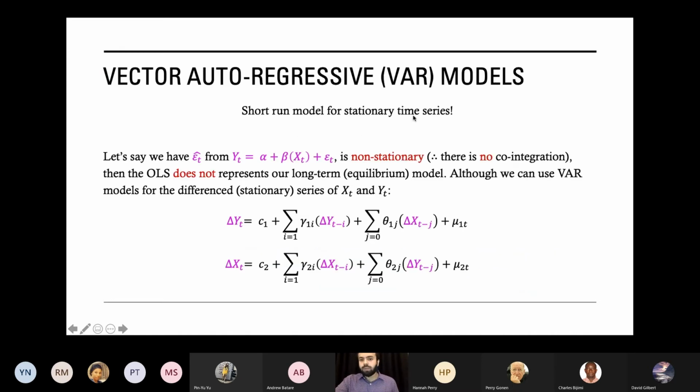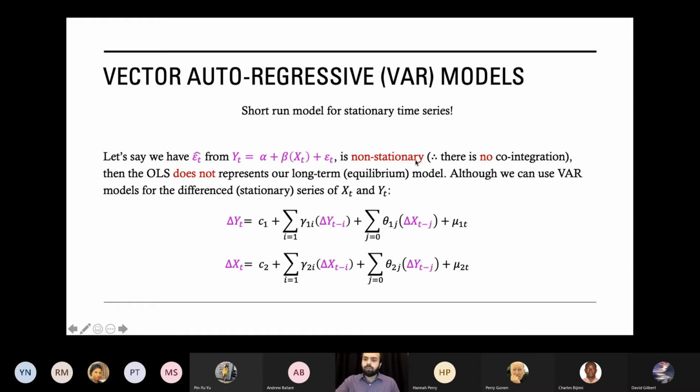It's a short-term model because we are only modeling the short-term fluctuations in the dependent variable. If we regress the equations in their levels, without taking the difference, then we can get a spurious regression. But when we model it in first differences, our interpretation would be for a short-term model when there is no cointegration.